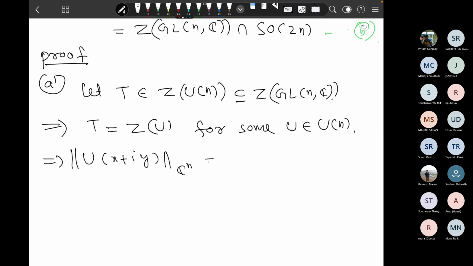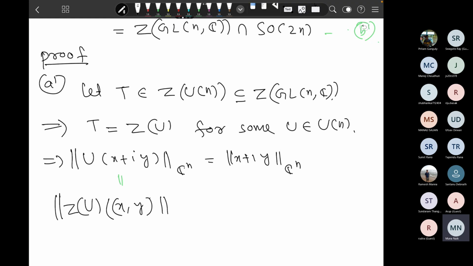We have seen that this is really Z(U) applied on (x, y), and its norm on R^2n, and similarly I have shown that this is really the norm of (x, y) on R^2n.